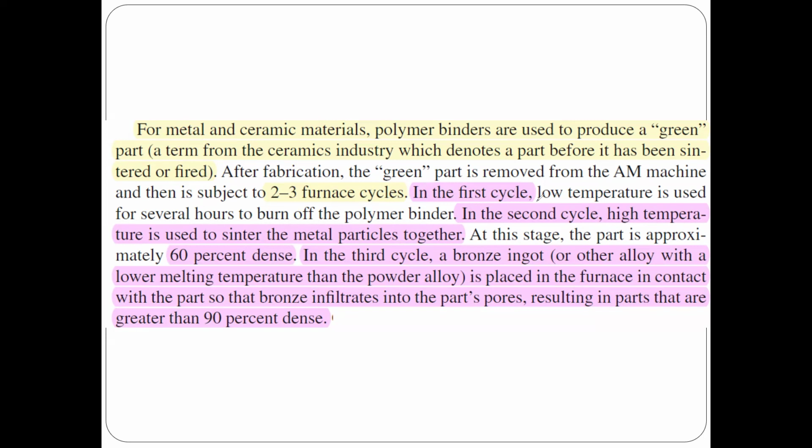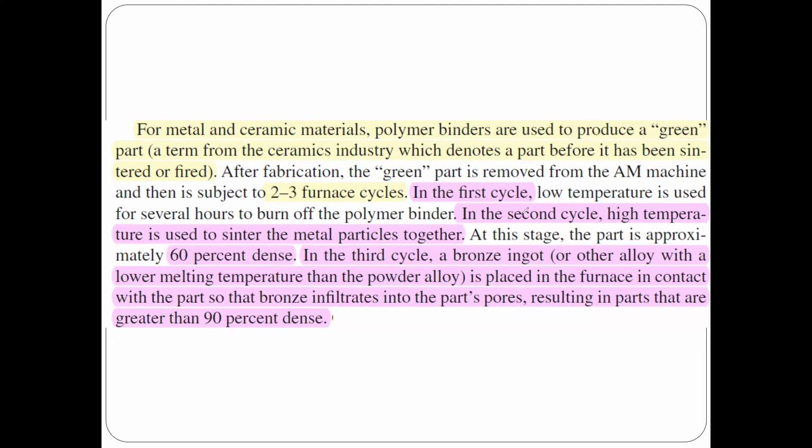After fabrication, the green part is removed from the AM machine and then it is subjected to 2 to 3 furnace cycles. In the first cycle, low temperature is used for several hours to burn off the polymer binder. So generally temperature is applied on the furnace in the form of 2 or 3 cycles. The first cycle is low temperature, where it is only to get the binder polymer out or burn it.